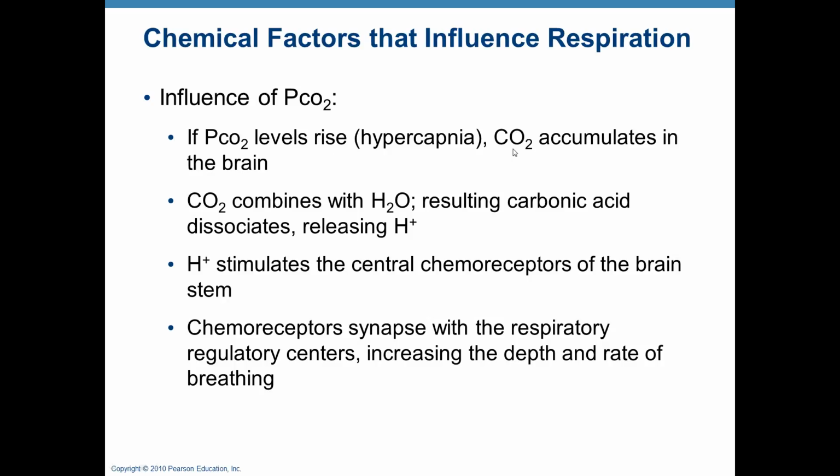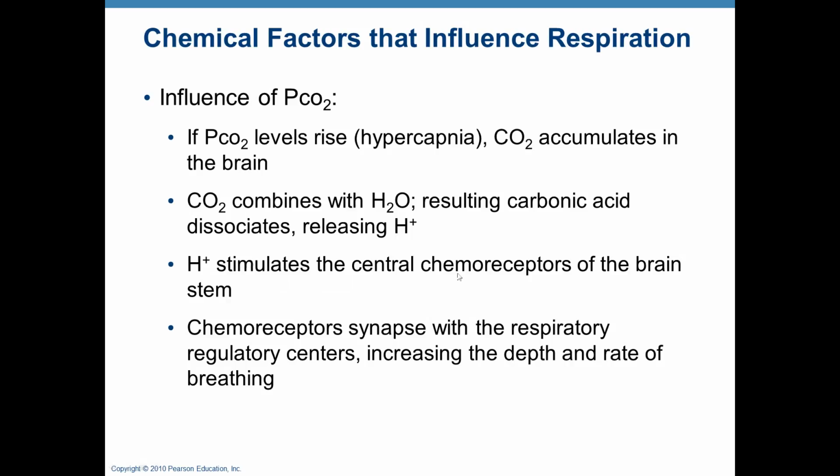That excess CO2 diffuses back and forth from your bloodstream into your tissues, so it's going to get into the tissue fluids of your brain. It's going to combine with water to make carbonic acid. That's going to dissociate and release hydrogen ions. pH is going down. CO2 is functioning like an acid.